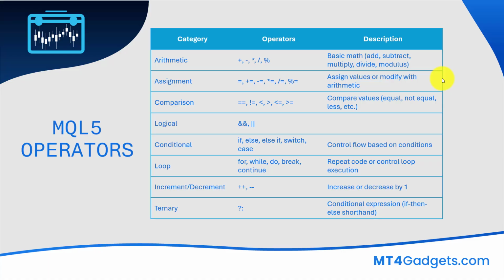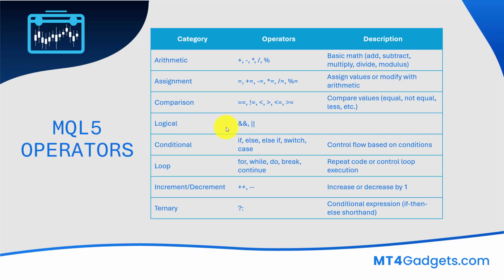Third, also very frequently used, are comparison operators, which include equals equals, exclamation mark equals, greater, smaller, and similar. You use them to compare two values, variables or constants. So basically, very often used for comparison operations.